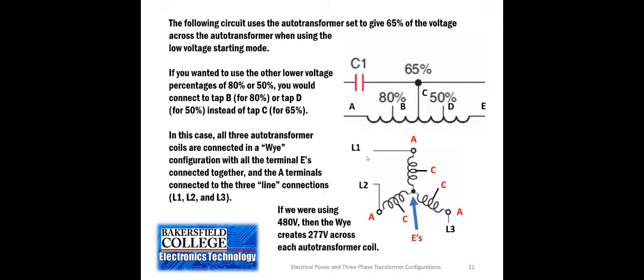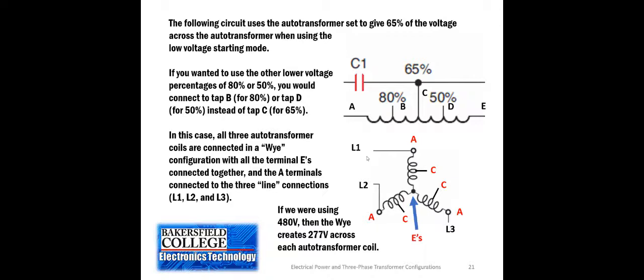It's not divided in half, but it is using the square root of 3 as either the multiplier or the divider. In this case, we have line voltage going in at the A terminals, and the E terminals are all connected together to form the center of the Y.